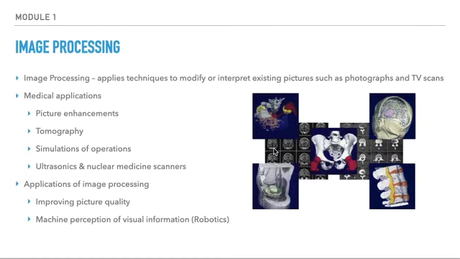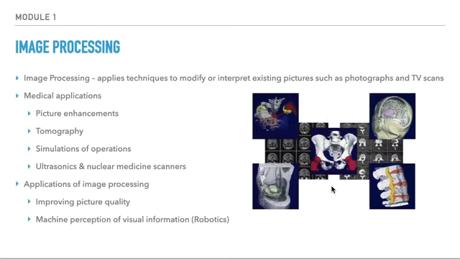It is mainly used in medical applications, for picture enhancement, tomography, simulations of operations, ultrasonic and nuclear medicine scanners, etc. So this is an example of image processing which helps in picture enhancement.